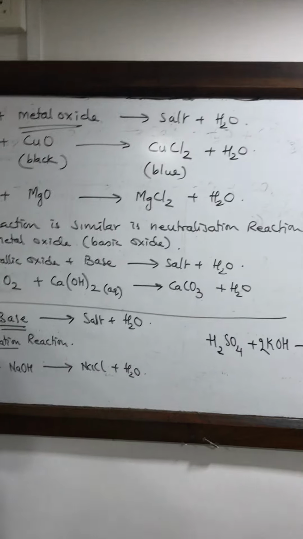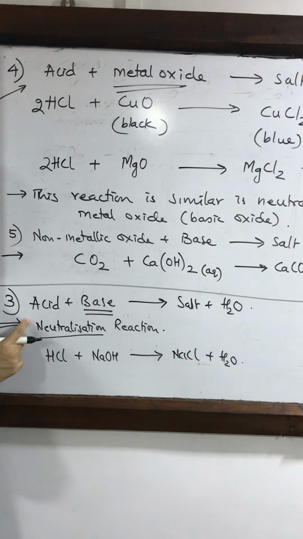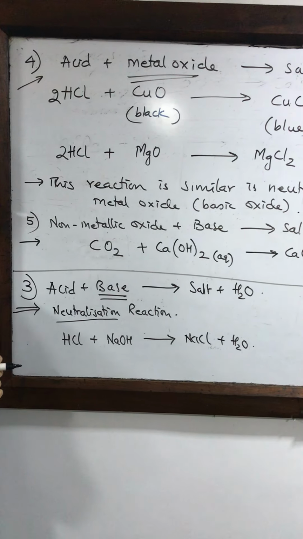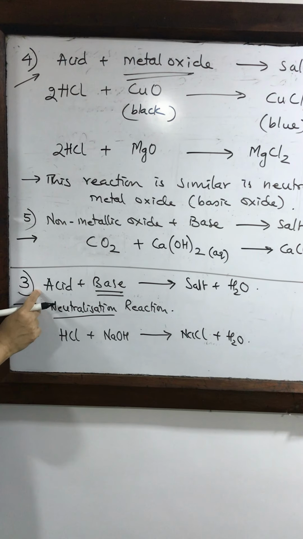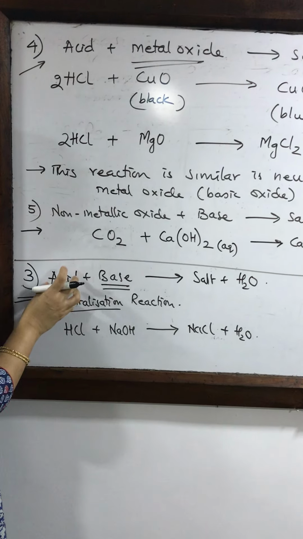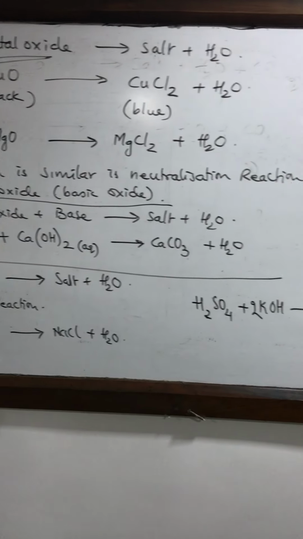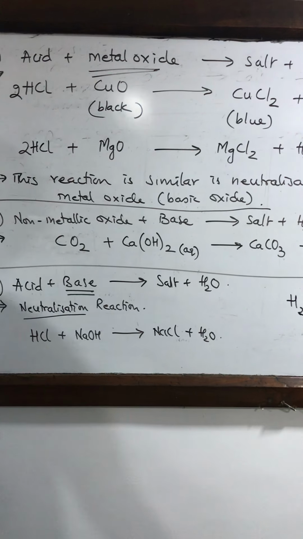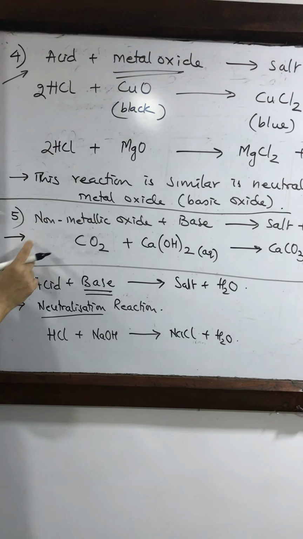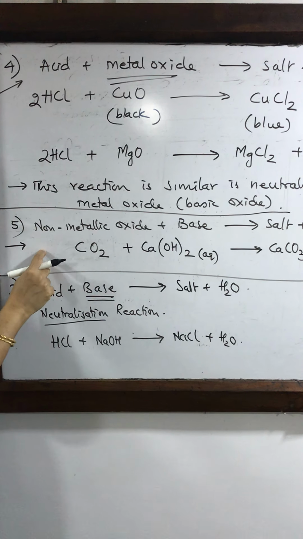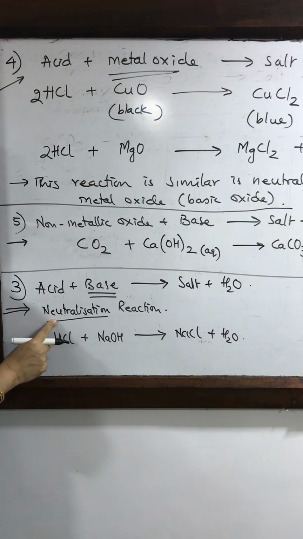If you look at this reaction and the third property, then again you will find that they are similar. This is because a substance is reacting with a base to form salt and water. So these two properties are the same. This reaction is also similar to neutralization.